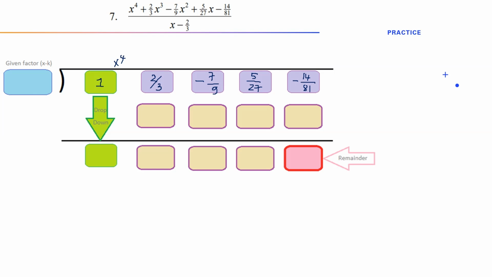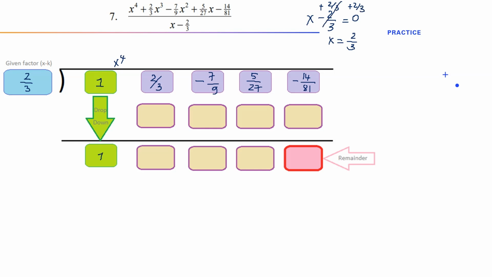Now k is 2 over 3. So x minus 2 over 3 equals 0. x equals 2 over 3 because we add 2 over 3 to both sides, and this cancels out.